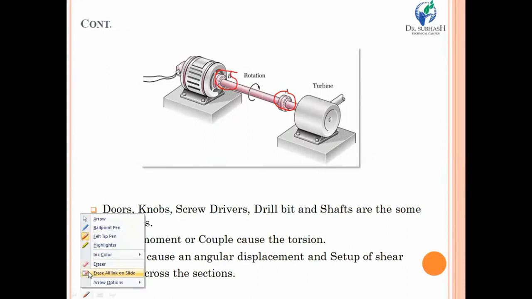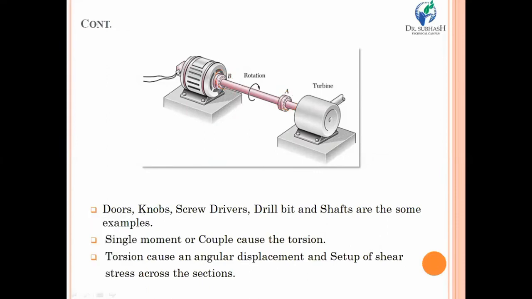So whenever power is transmitted from the electric motor to the turbine, at that time torque will be induced, and it is perpendicular to the geometrical axis of the transmission shaft. So there are a number of cross sections like this.